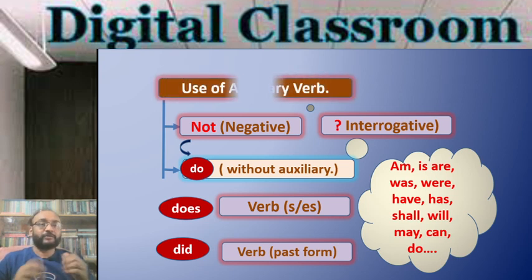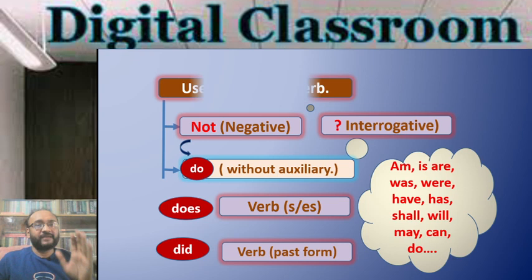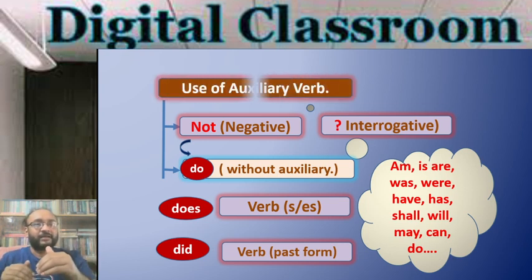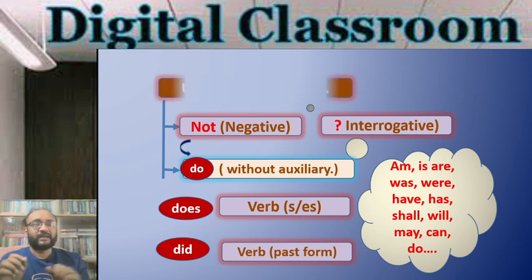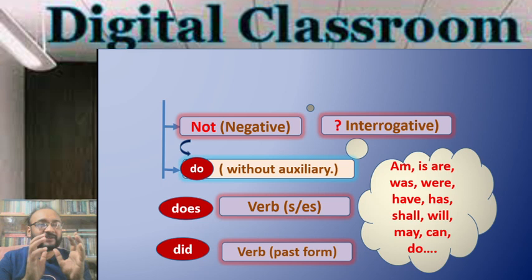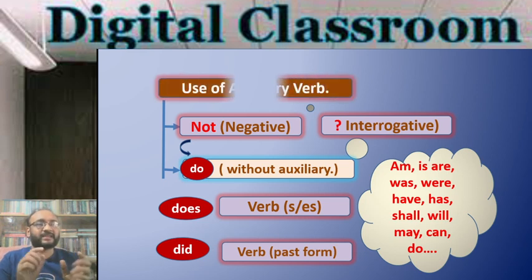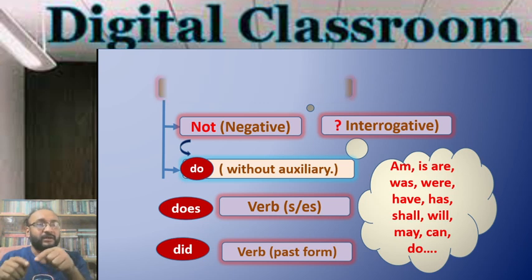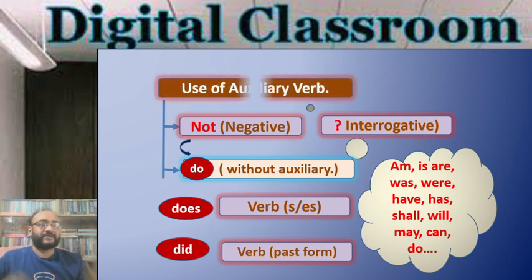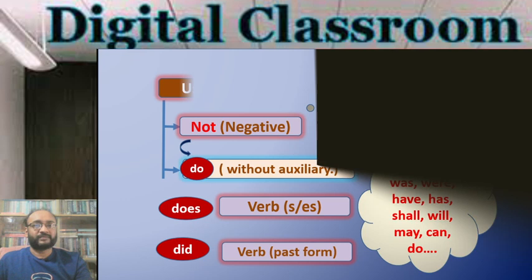So you have to remember, if there is no auxiliary verb, at that time do will come, and do will take the s/es of the main verb, and sometimes if the verb is in past form, at that time do will be what? Transferred into did, and the main verb will be in present tense base form.